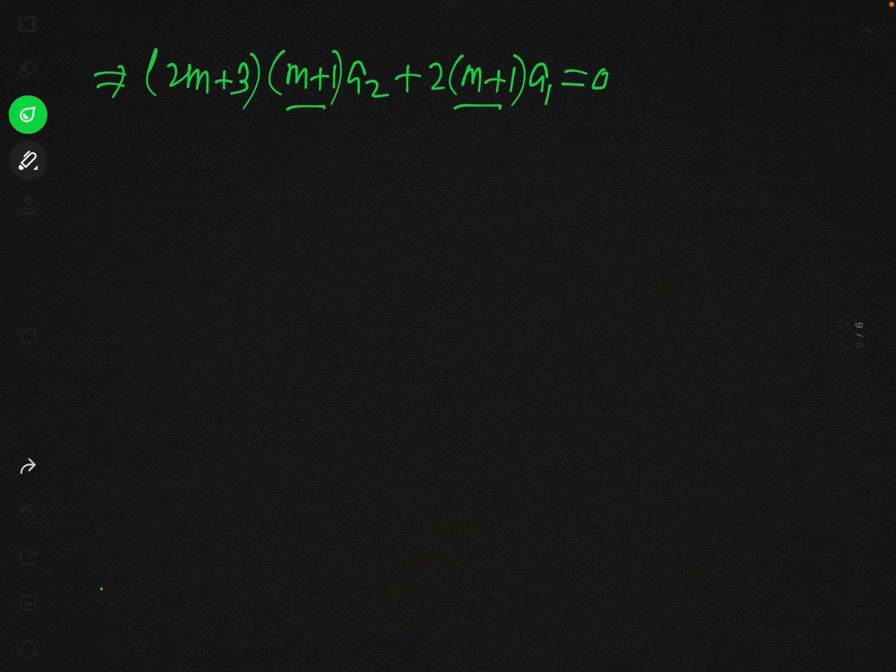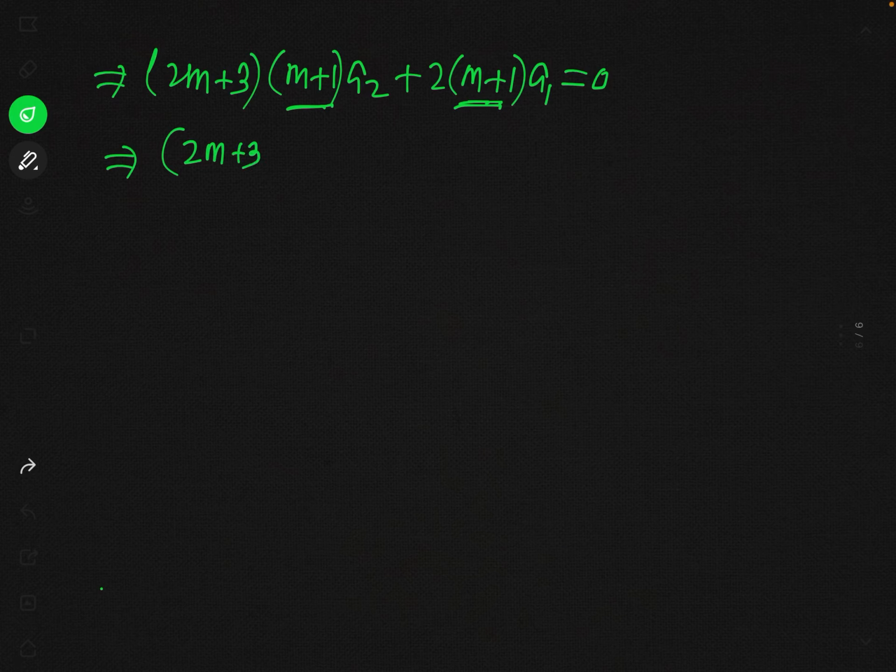Now this m plus 1 is common in both of the terms, and you know m plus 1 cannot be 0 because m is either 1 by 2 or 1. So m plus 1 is not 0. So let us take m plus 1 as a common factor, and as in the RHS there is 0, that will be removed. And what will be our result?